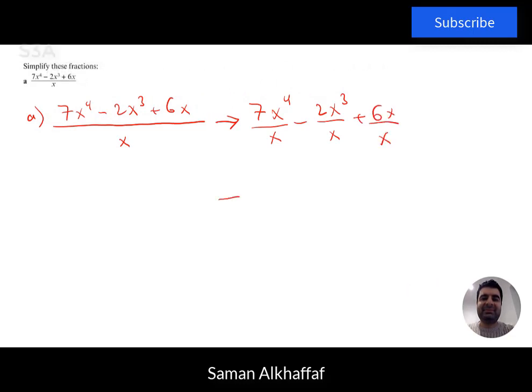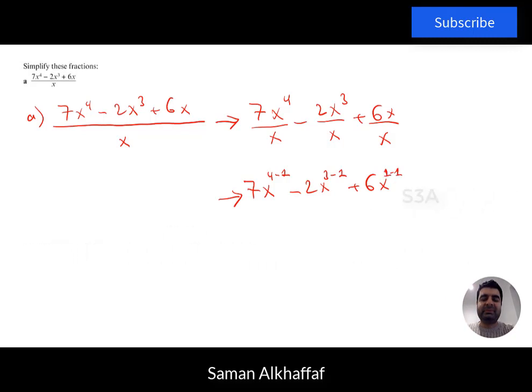So in this scenario, the x's in the denominator are all to the power of 1, and when they move up they become minus 1. So you can think of it as 7x to the power of 4 minus 1, minus 2x to the power 3 minus 1, plus 6, and because it's x to the power of 1 take away 1, it becomes 0.